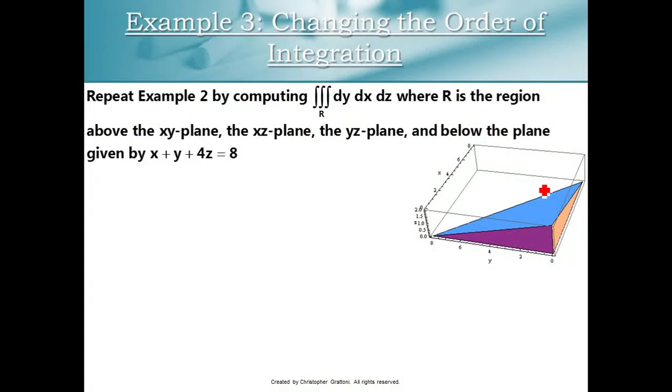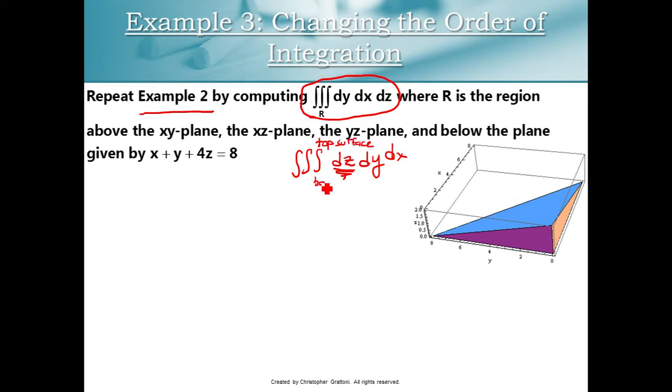By the way, you could repeat example 2 by computing, before I did a dz, dy, dx integral, and in my opinion, that's usually the easiest order to go in. I really like going dz, then dy, then dx, because for z, we could think of a top surface and a bottom surface.